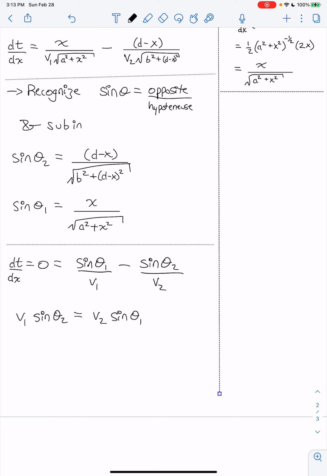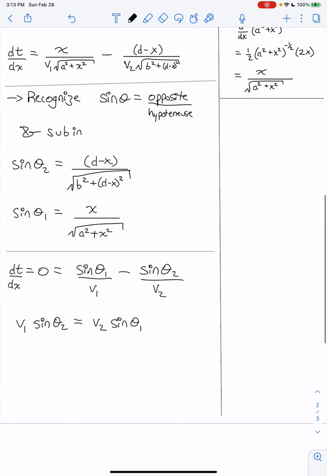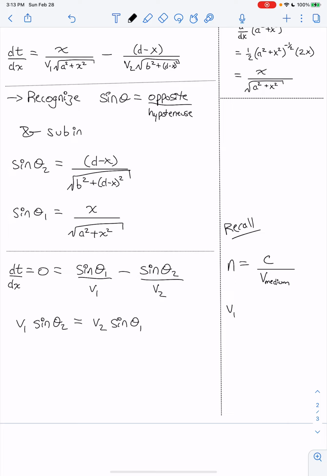Now let's do one more thing here off to the side and remind ourselves what the relationship is between velocity and the index of refraction. So recall that the index of refraction is by definition the speed of light in a vacuum, or c, over v in some medium. And so v1 is actually equal to c over n1, and v2 is equal to c over n2.